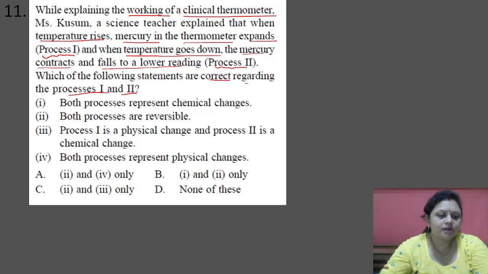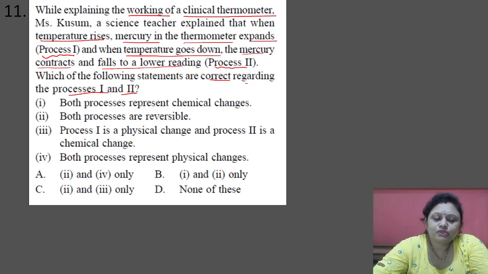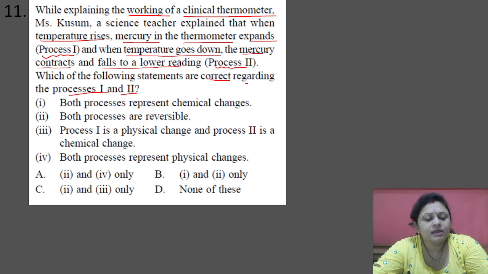Statement 1, both processes represent chemical change. Statement 2, both processes are reversible. Statement 3, process 1 is a physical change and process 2 is a chemical change. Statement 4, both processes represent physical change. Options are A, 2 and 4 only; B, 1 and 2 only; C, 2 and 3 only; D, none of these.